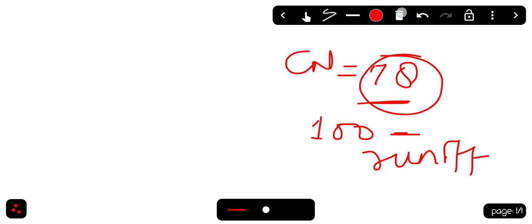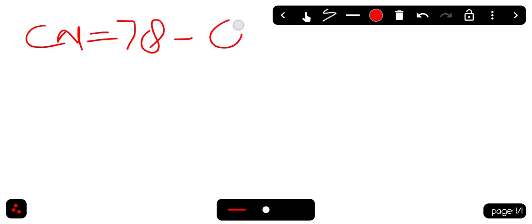If you find the curve number is 78, how do you calculate the runoff?